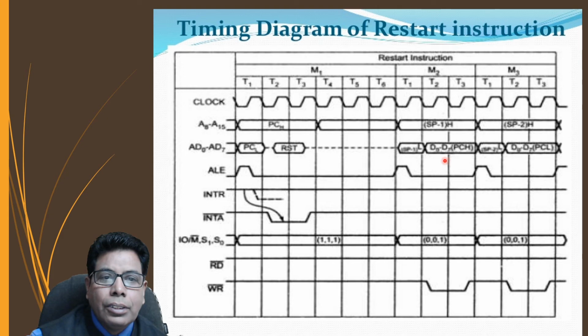Here the PCH, that is the higher order address, will come on this PCH and it will be loaded into PCH, and the lower order address D0 to D7 will be coming in machine cycle 3.